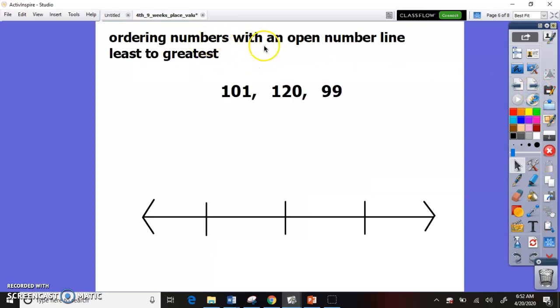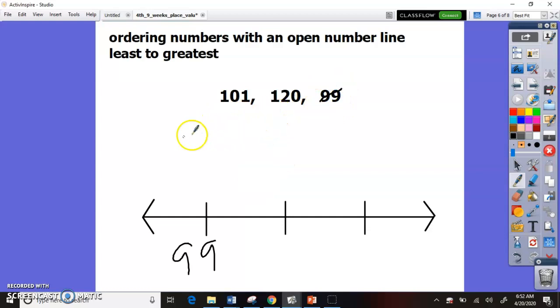Next, we're going to work on ordering numbers with an open number line. We're going to order these numbers from least to greatest. My numbers are 101, 120, and 99. I know that 99 is my least number because it has no number in the hundreds place. So 99 will go first. So now I'm left with 101 and 120.